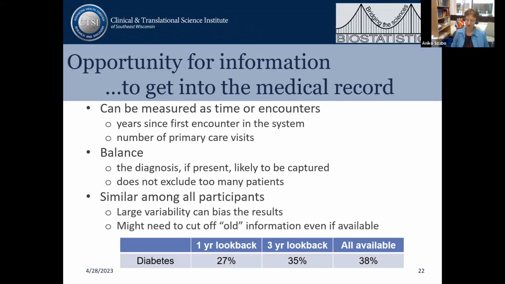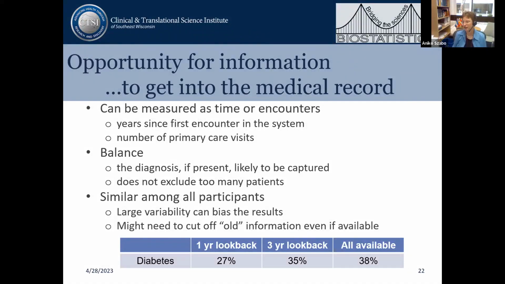If some patients have a short history, little opportunity for information, and some patients have more, then that can bias results, because if there's lots of opportunity for things to get into the record, they're more likely to get into the record, right? So you start getting biases.